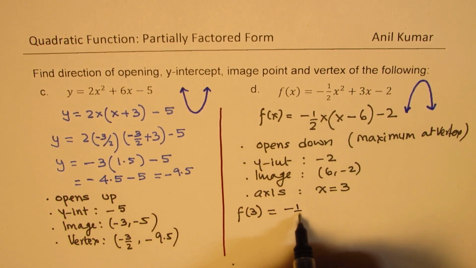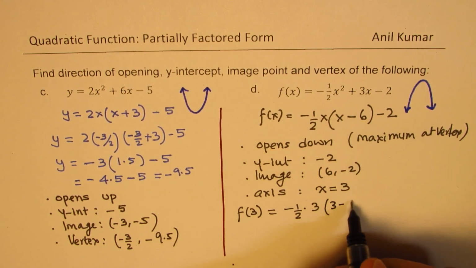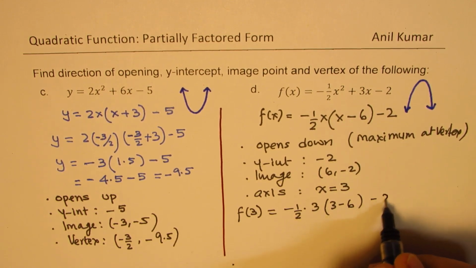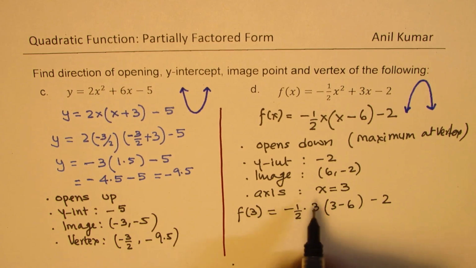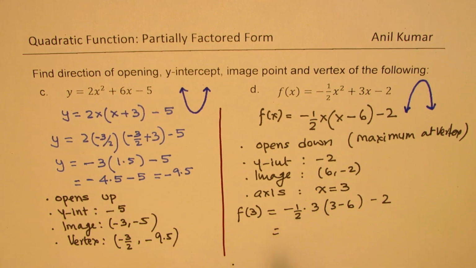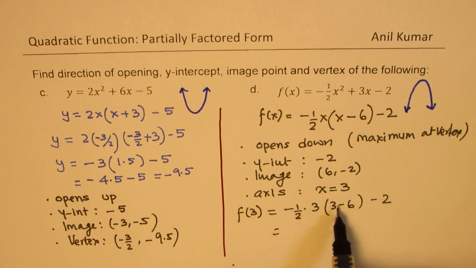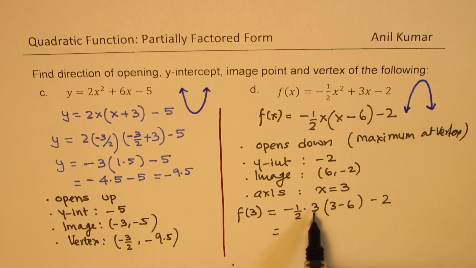So we get this as minus half, 3, and 3 minus 6, which is -3, minus 2. So it is 3 squared, that's what I meant, and that is positive. So this is 3 with a negative sign, which makes this positive. Correct? So we have plus 3 and then half of that.